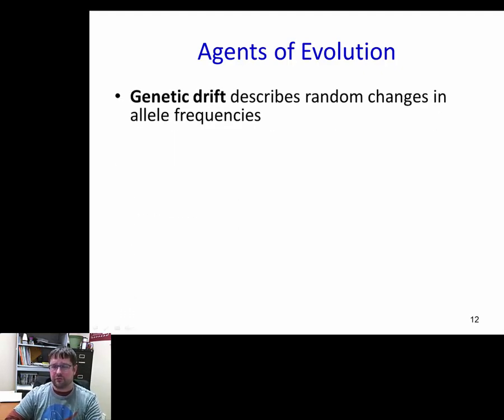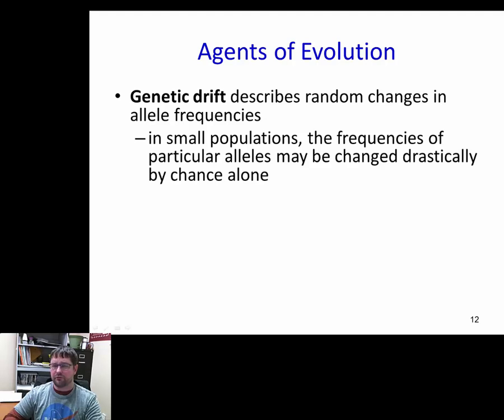Genetic drift, like I said before, this is just random change, and it's just a result of really small populations, and you can get big shifts in the allele frequency. This is what's probably occurring with a lot of endangered species, is their populations get so small that you can get fixation of things like recessive alleles, or even dominant alleles can be fixed and there's no variation in the population.